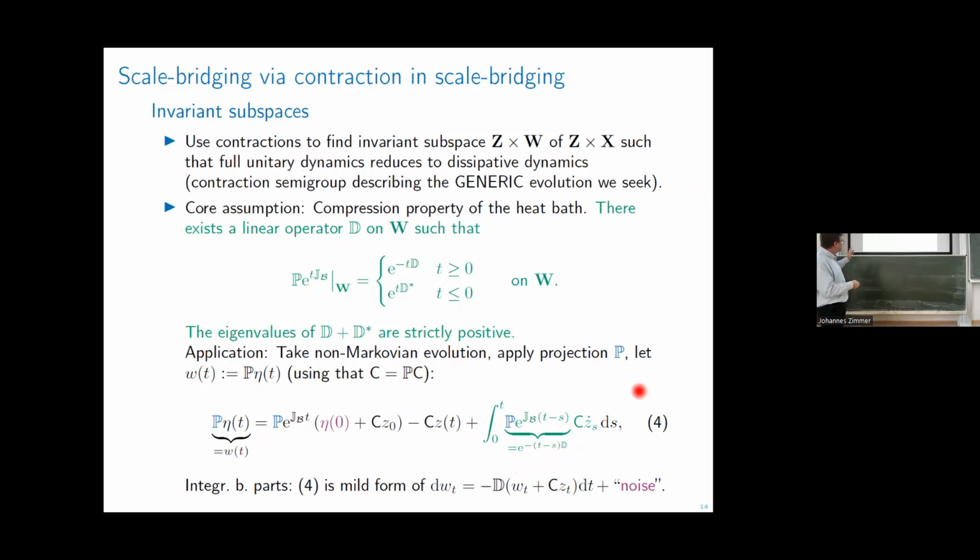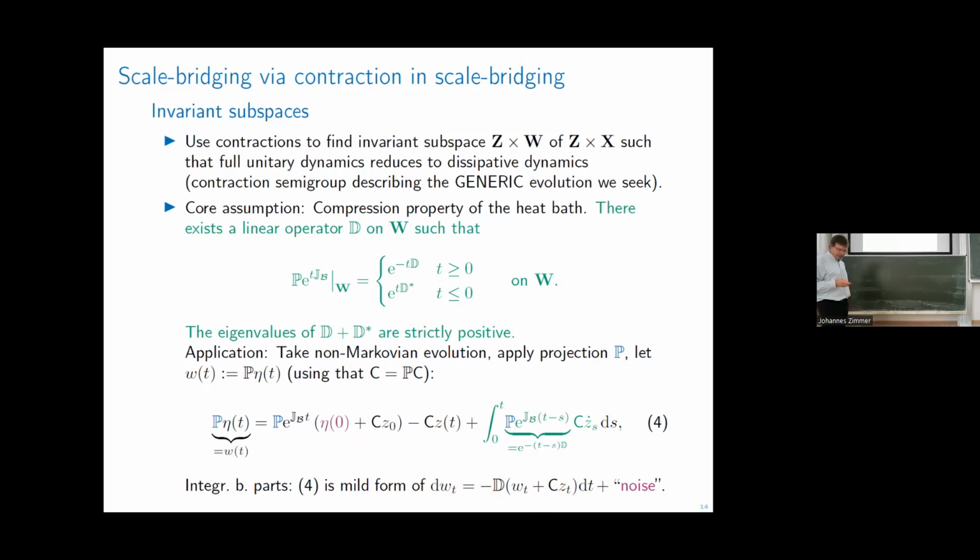If I then look at this equation, with the projection called W, I find by integrating by parts that this equation is in fact a mild form of a nice deterministic system plus noise. The nice system is here, this is a local system. This is a well-defined invariant evolution on the subspace W.